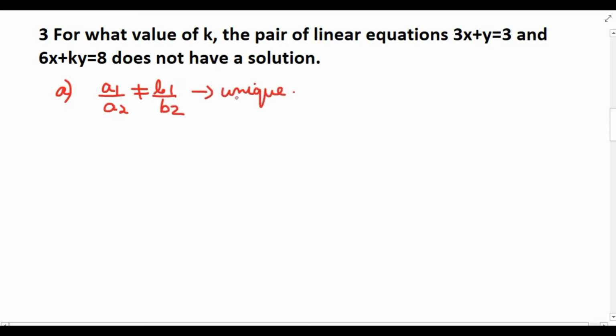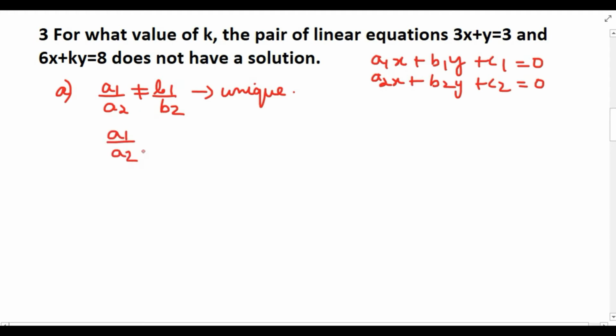The general form of a pair of linear equations is a1x plus b1y plus c1 equal to 0, a2x plus b2y plus c2 equal to 0. If a1 by a2 is not equal to b1 by b2, then it has a unique solution.